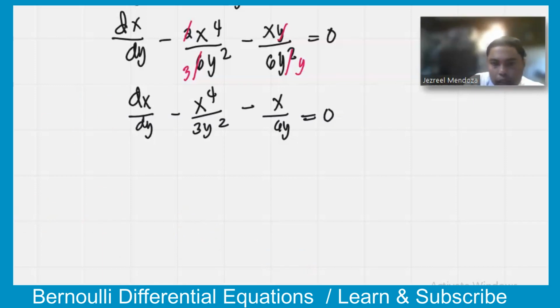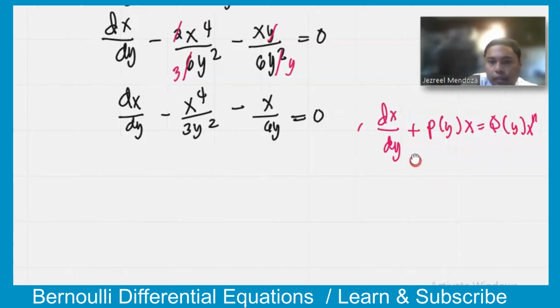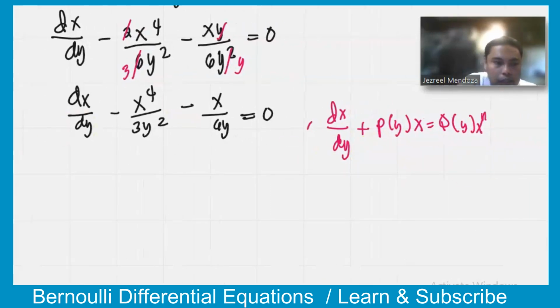We have a formula that the Bernoulli equation linear in x has the form dx over dy plus p of y times x equals q of y times x raised to n. We need to follow that to arrive at linearity in x.